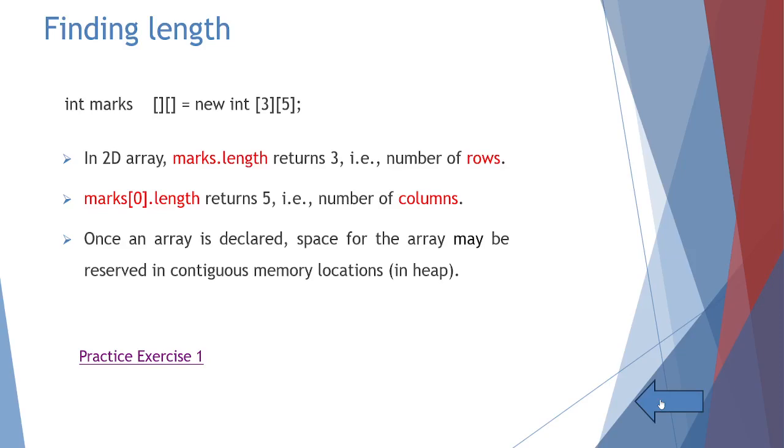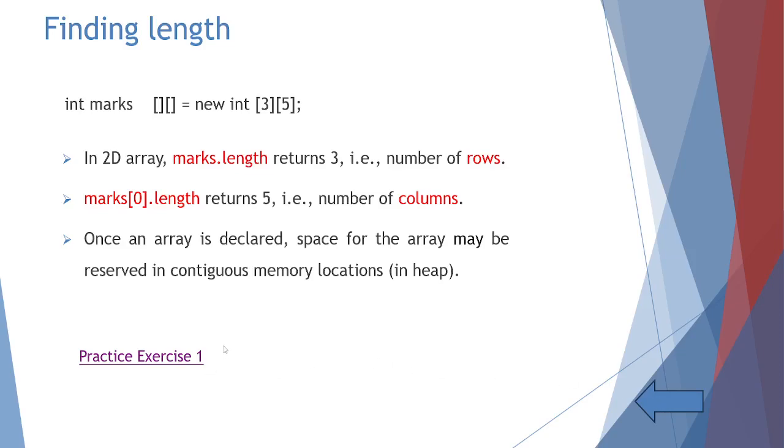One is for rows, second one is for columns. So marks.length returns the number of rows, whereas marks[0].length or marks[1].length, whatever, returns the number of columns. Now, once an array is declared, space for the array may be reserved in contiguous memory locations in the heap. Even the length is also stored in the heap.